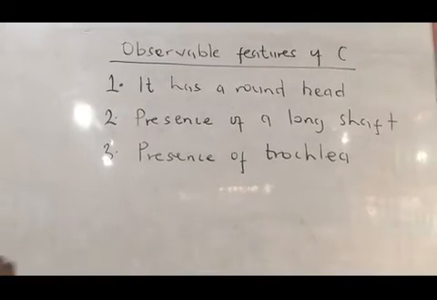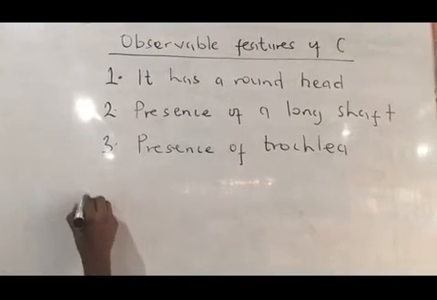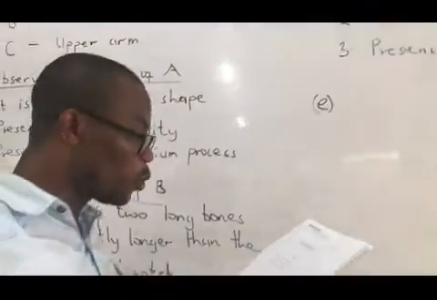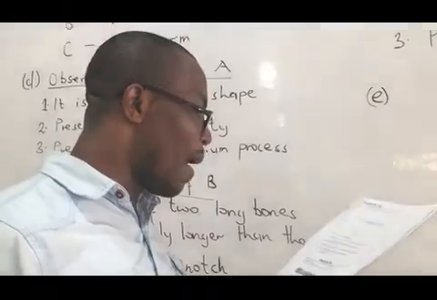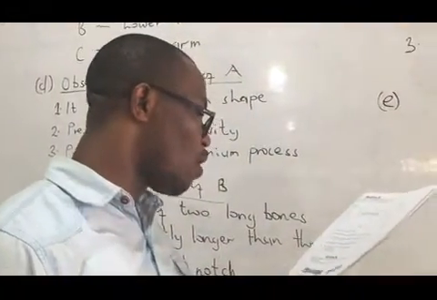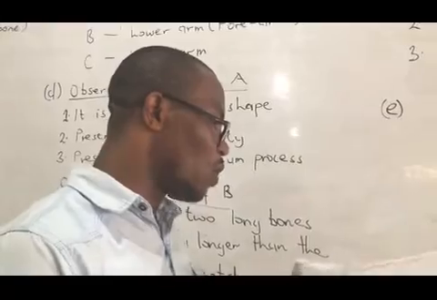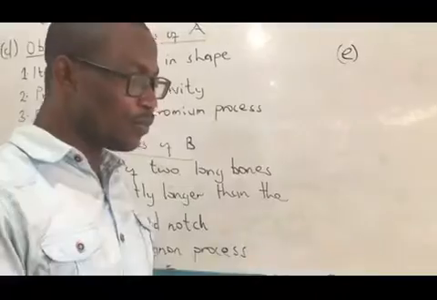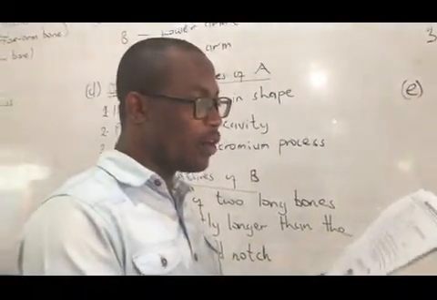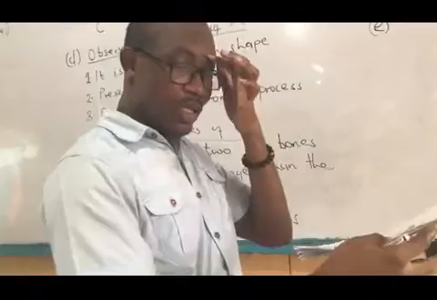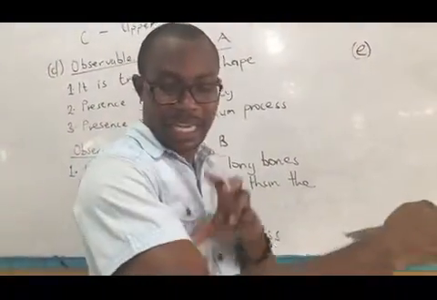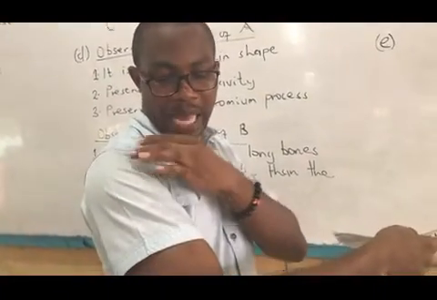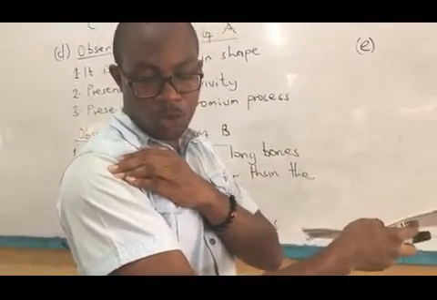The last question here, that's question E. Question E says, name the type of joint in a mammalian body formed by bones A and C. So bone A is found in the shoulder, and the bone C is found in the upper arm. So the question is asking about the name of the joint formed by the bone in the upper arm and the bone in the shoulder.